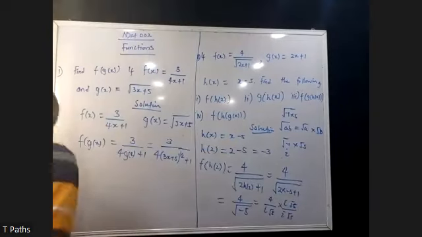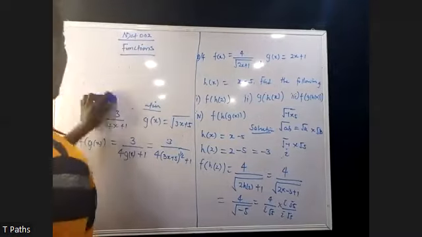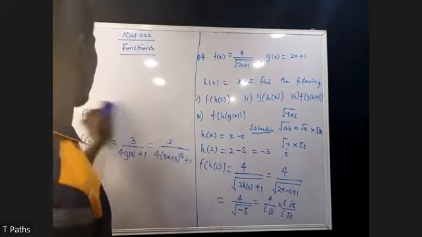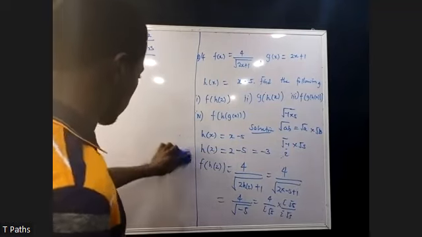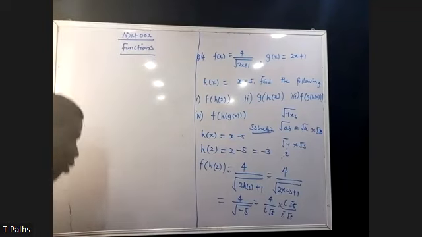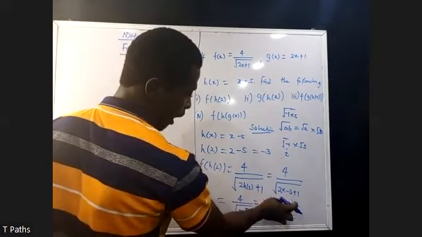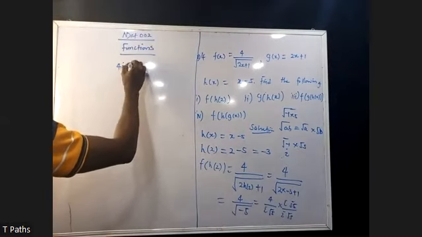Let me write it here. Where I stopped, 4 times I root 5 will give me 4I root 5.